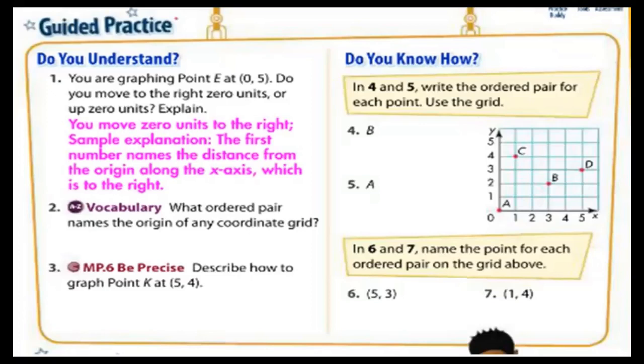The first number names the distance from the origin along the x-axis, which is to the right, okay? So your point here will be over the value of number 5 on the y-axis.